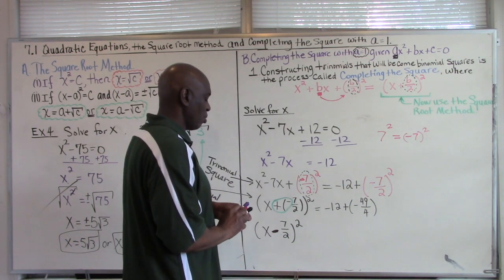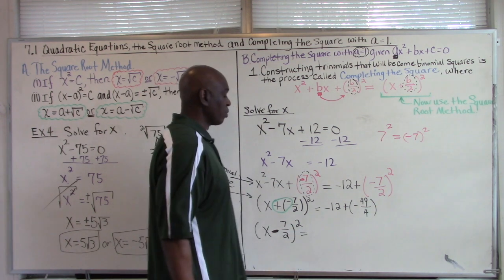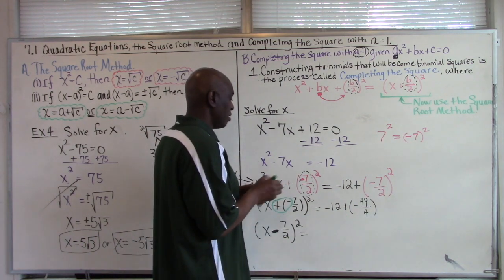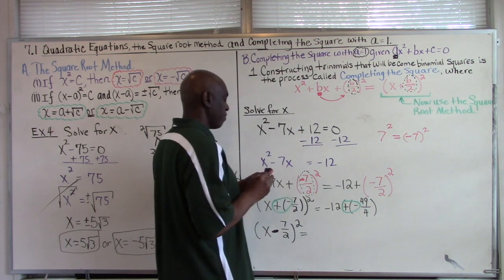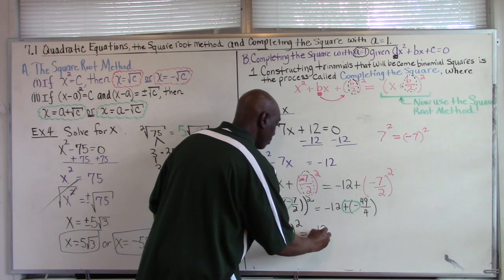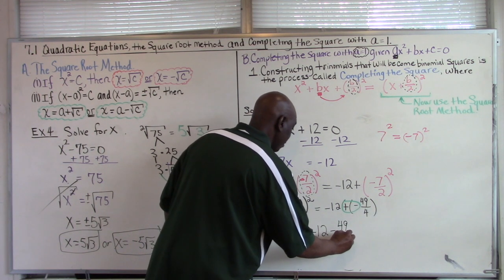All right, well, what does that equal? It equals negative 12, and here we have it again. You see this? A positive times a negative is a negative. So we're going to have negative 12 minus 49 divided by 4.